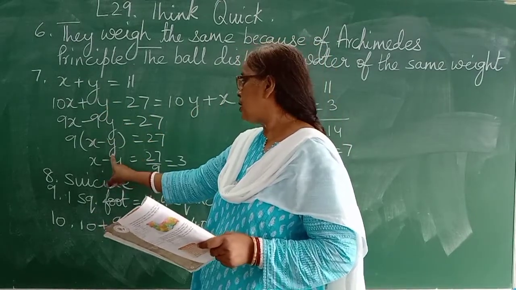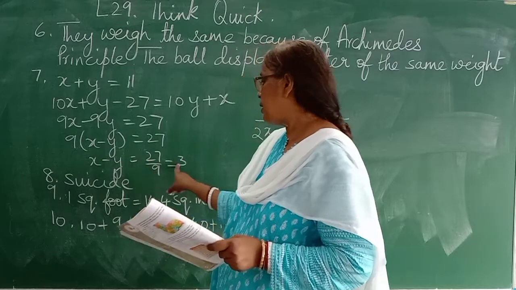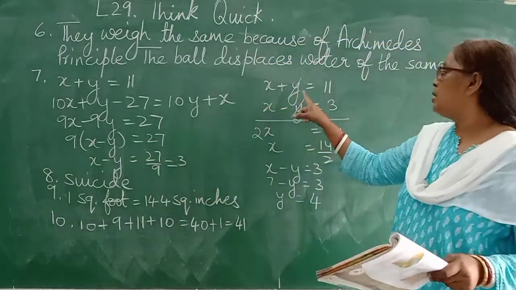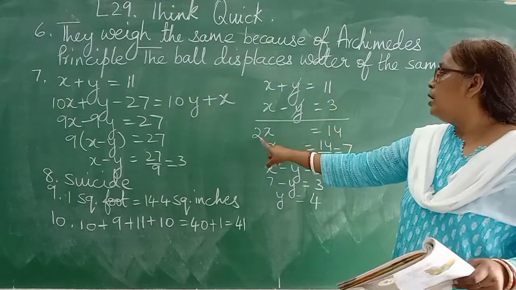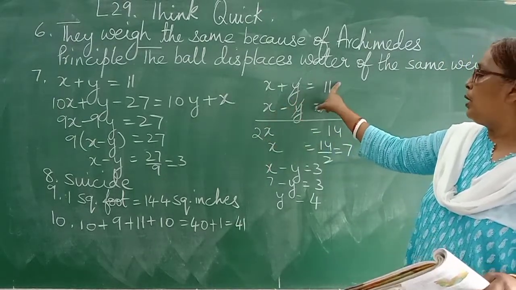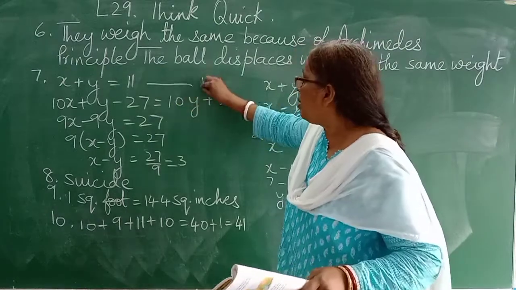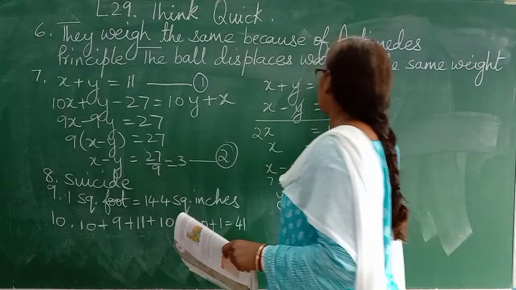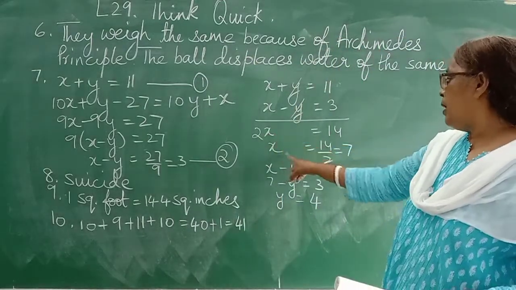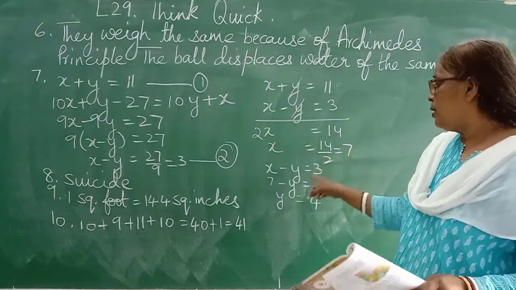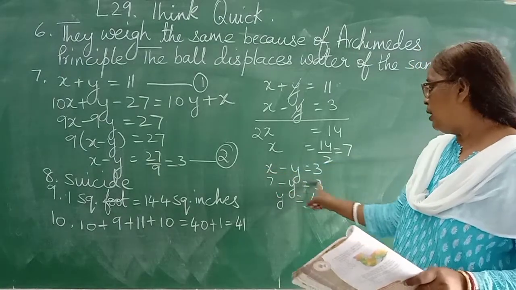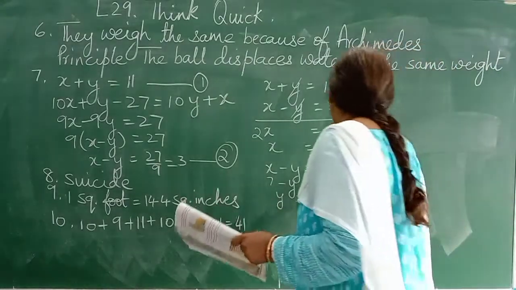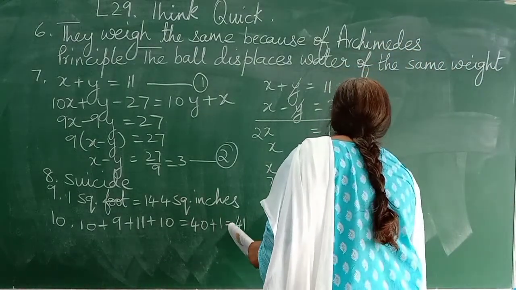If you solve this, you will get x minus y is equal to 3. And if you solve this, you get x plus y is equal to 11. हमारा ये इक्वेशन 1 था और ये इक्वेशन 2. इसको सॉल्व करने पे हमें x की वैल्यू 7 मिलती है, जिसको अगर हम सेकेंड इक्वेशन में डालें तो y की वैल्यू 4 मिलती है. So the answer is 74.